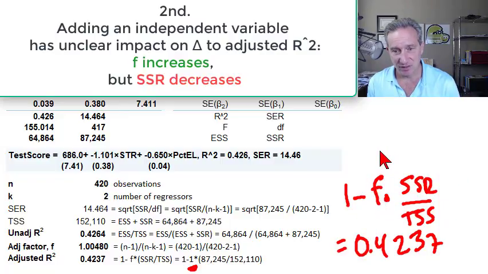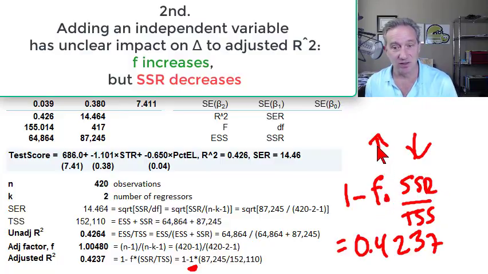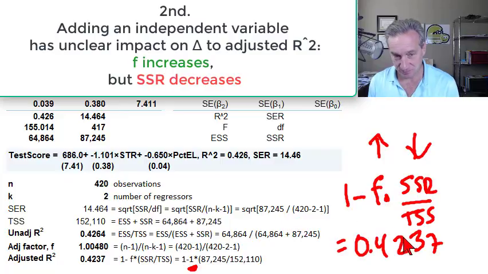The factor here will always be greater than 1, but this ratio here, as we add another variable, will always have an opposite effect. As we add an additional variable, the sum of squared residuals will go necessarily down, but the factor will go up. So we have offsetting effects, meaning that it's unclear as to what will be the impact on the adjusted R squared as we add independent variables.